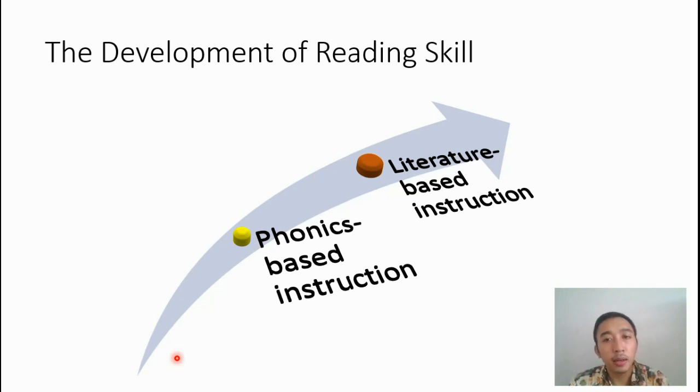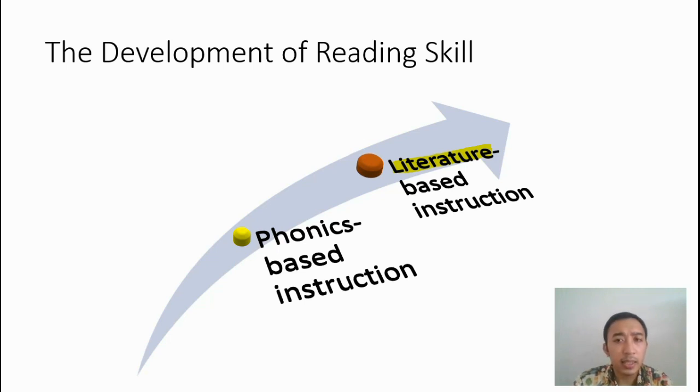And the next one is literature-based instruction. We have to underline or highlight the word literature. Literature-based instruction means it is not about teaching how to read.